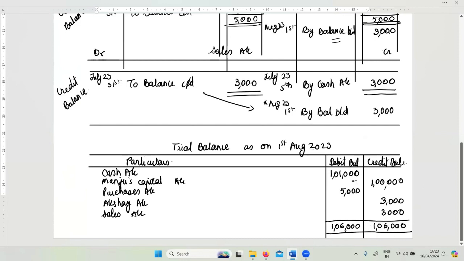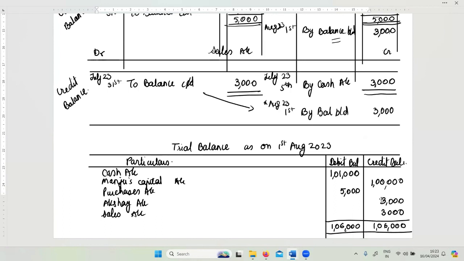This is part of the double entry bookkeeping system, where we can see that the debit balances and the credit balances are matching. So this is how we can verify that whatever we have posted in our ledger accounts is correct. If it was not matching, if I write a balance on the wrong side, then it will not match. So the trial balance is like a check of arithmetical accuracy up to the writing of the ledger accounts.